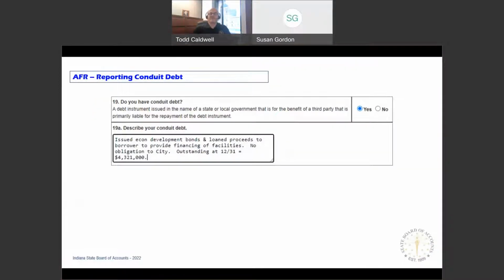One of the first questions that we've been getting on the annual report has to do with conduit debt. Questions like what that is, how does it get reported, what does it look like on the annual report. And we've trained on this previously, so I'm not going to go into a lot of depth here. If you need more information, I know Susan's trained on this within the last year in getting ready for the changes to enhance regulatory and the reporting in the annual report.